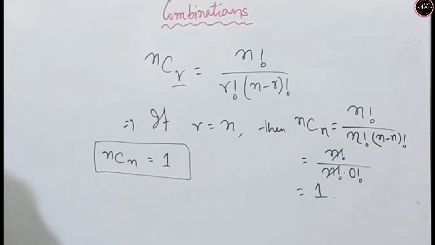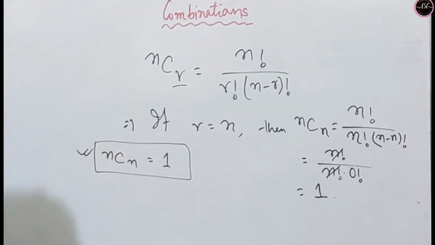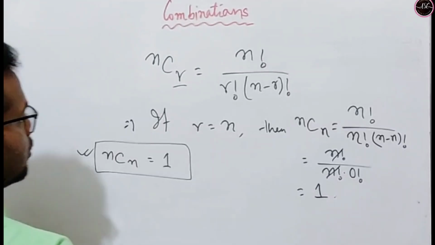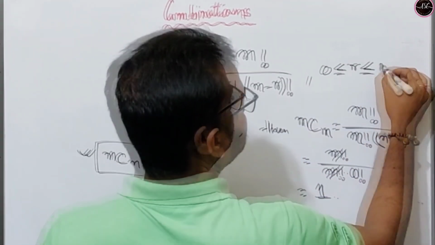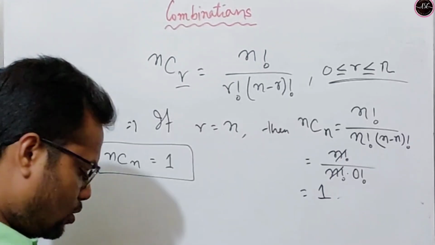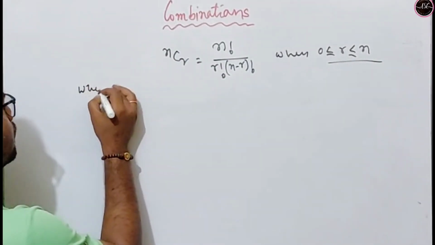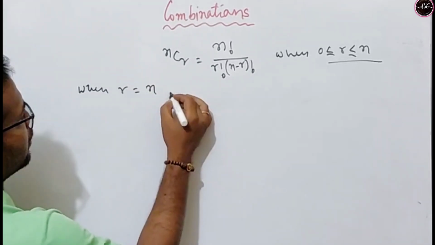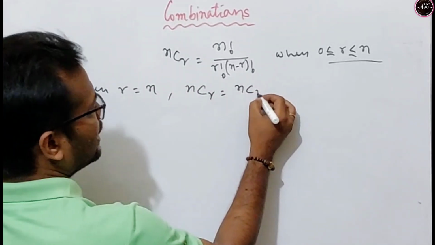Clear? This should be remembered. Obviously this always follows 0 less than or equal to r less than or equal to n. We have learned when r equal to n, so nCr equal to nCn equal to 1.